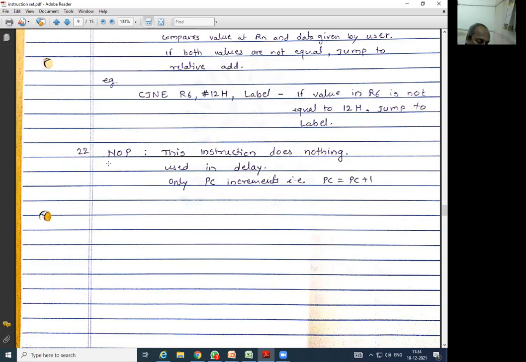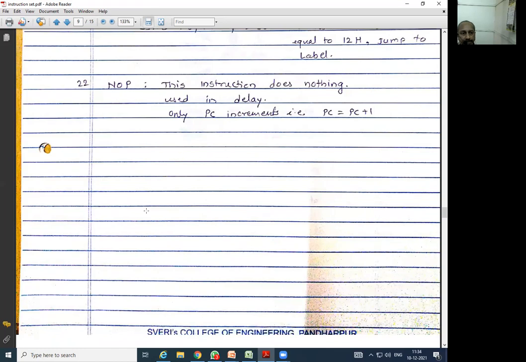That is the next memory location, next memory location, next memory location. Unnecessarily, it is consuming the 1 byte address, and it is going to consume that much time also. So whenever the delay is required, you can add this NOP instruction. That is the only work of this NOP, to add the delay.